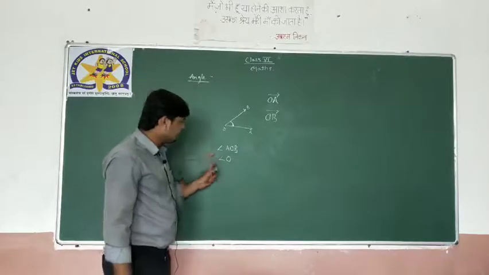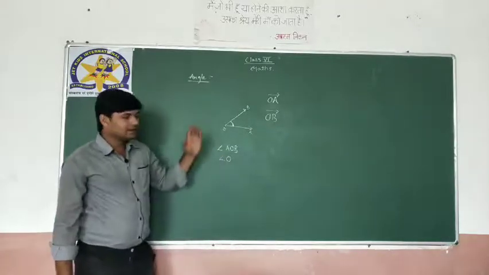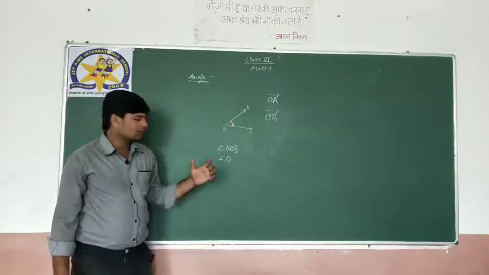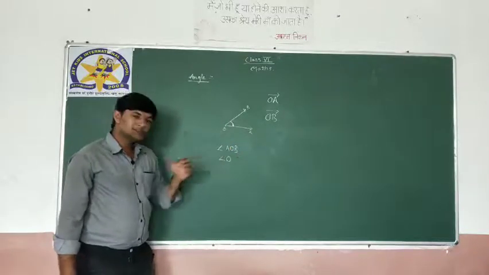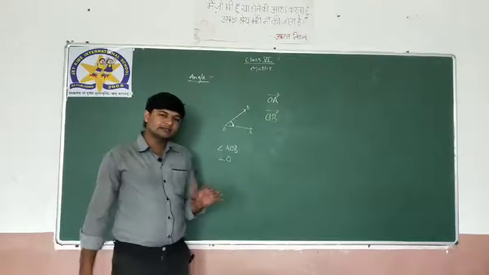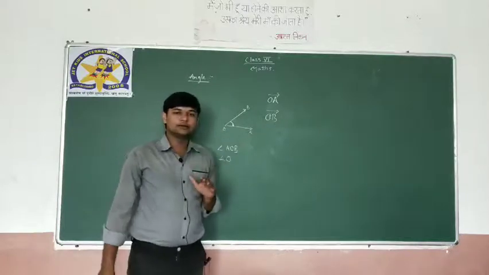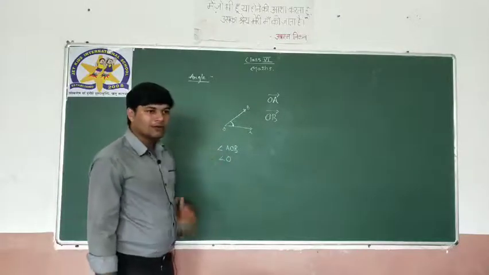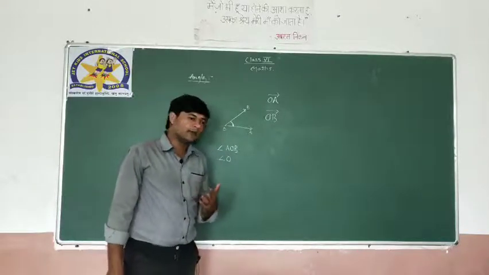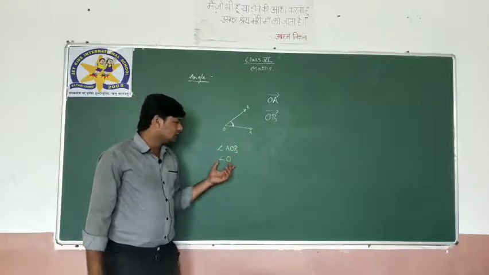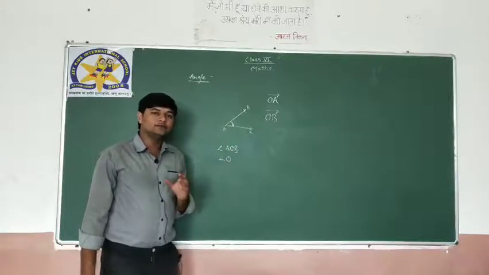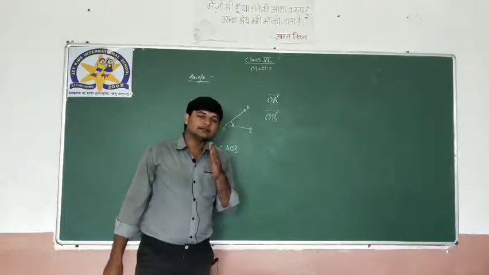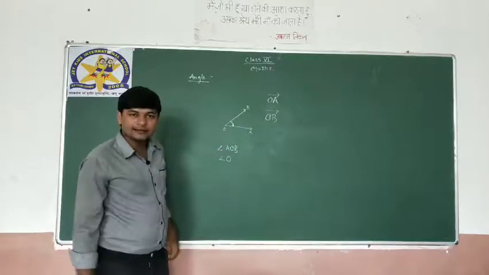That's why we can write the name of any angle in these two ways. For example, PQR, anything. So keep in your mind that the vertex is most important while writing the symbolic representation of any angle.